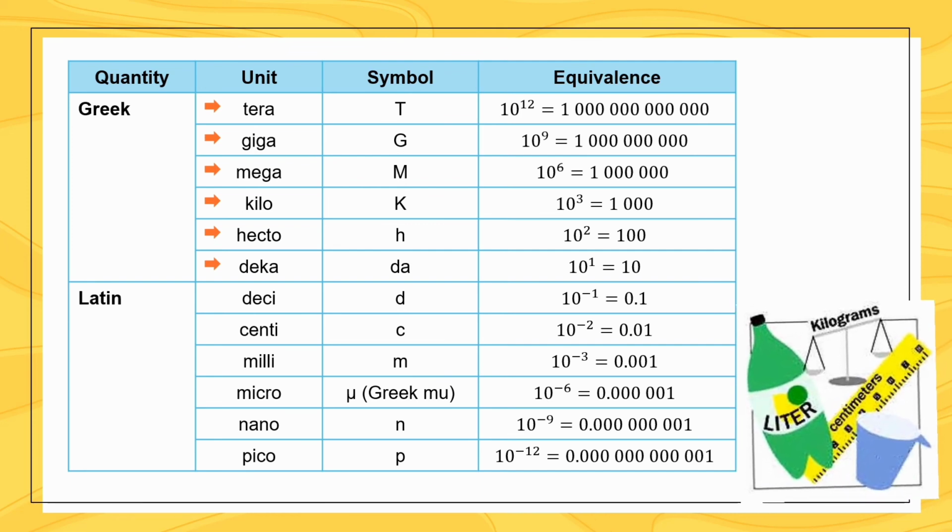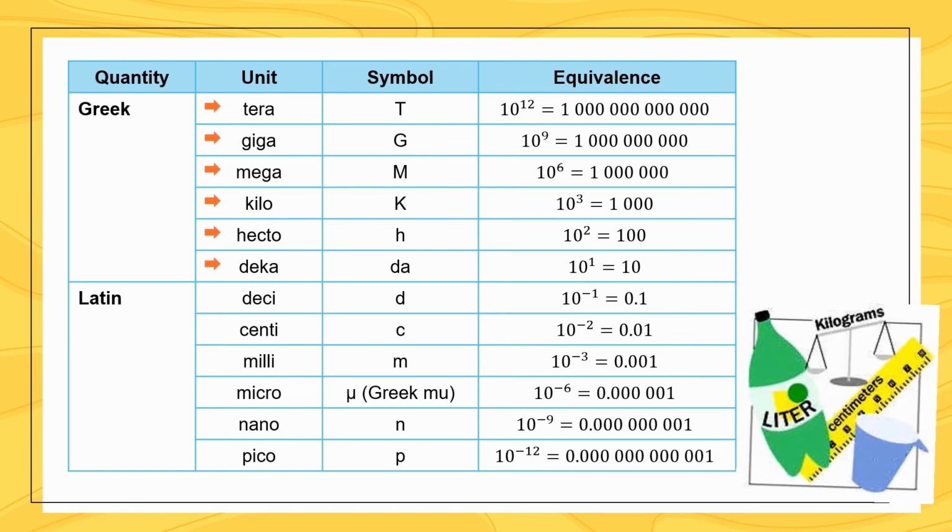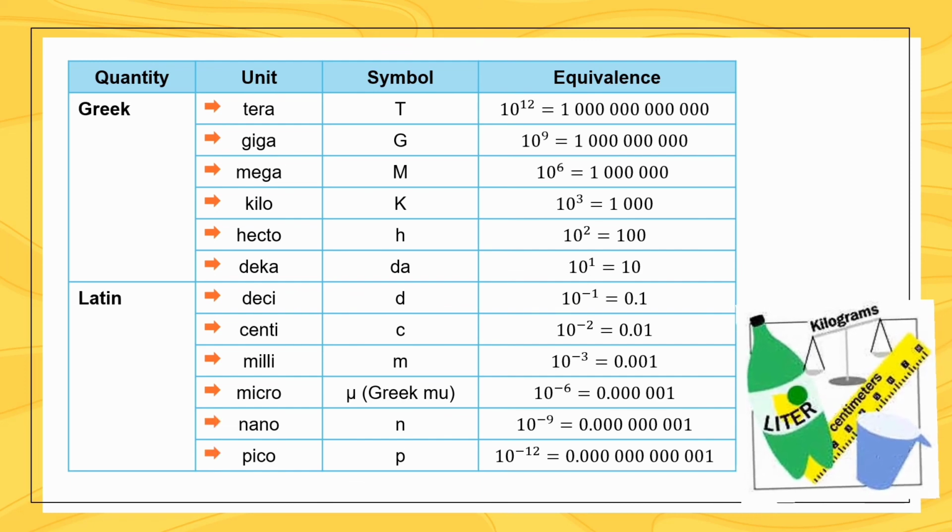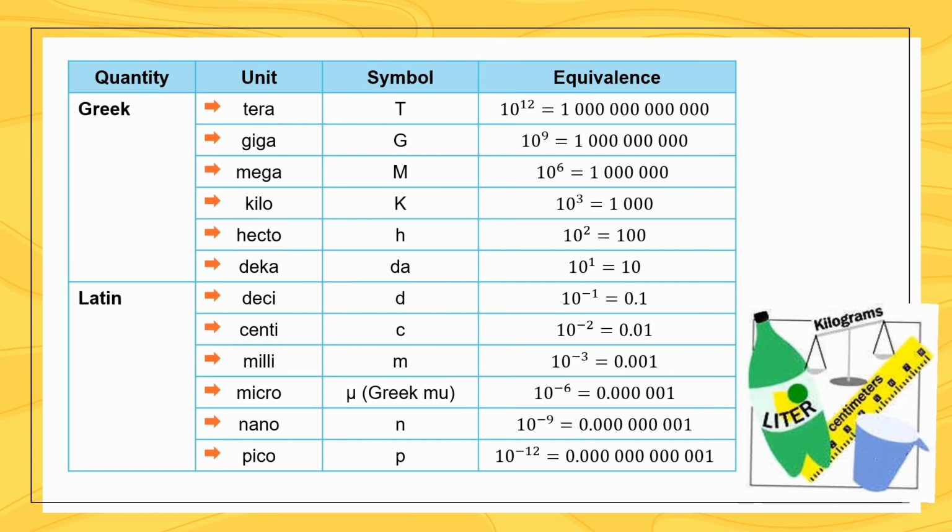For Latin, we have these prefixes: deci, centi, milli, micro, nano, and pico. So you are using these prefixes together with the unit. It could be gram for weight. For length, we use meter. And for capacity, we use liter.